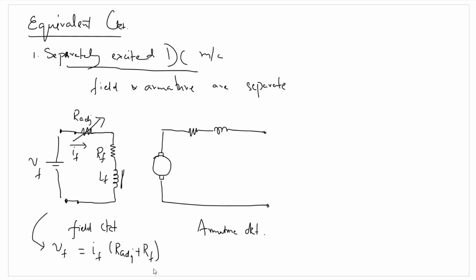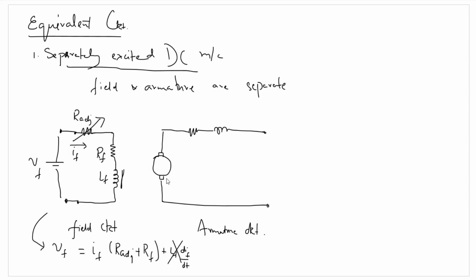For the transient part, we can say there is LF dIF by dt. If we need to understand the transient stability of this DC machine, we'll also be taking into consideration the inductance of this field winding. But for the steady state analysis, this part will be 0.